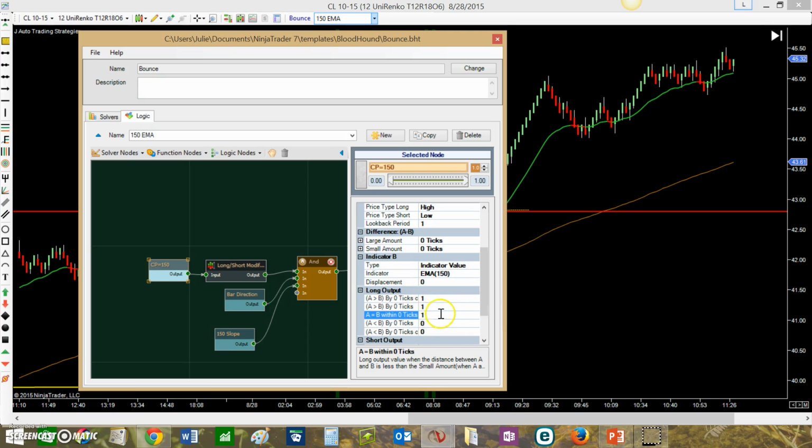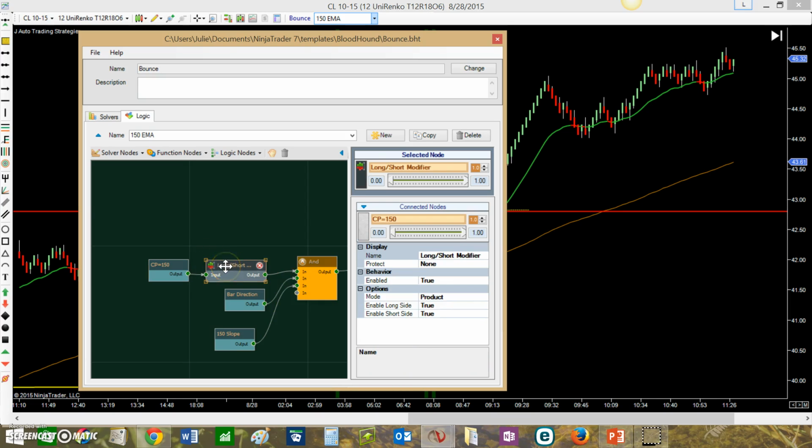I always put the AB equals 1. Put it on a long-short modifier to product. Product is a multiplication. So 1 times 1 is 1. So you're just getting a long signal.